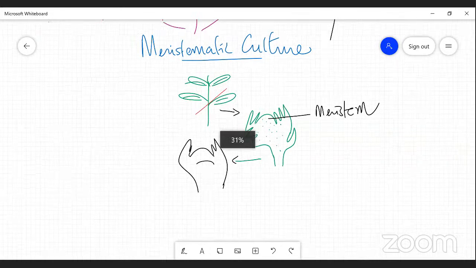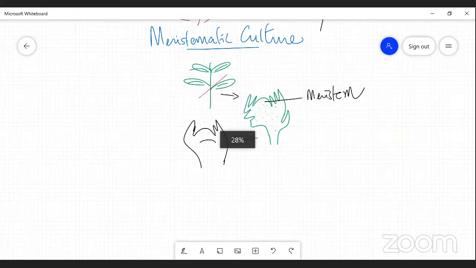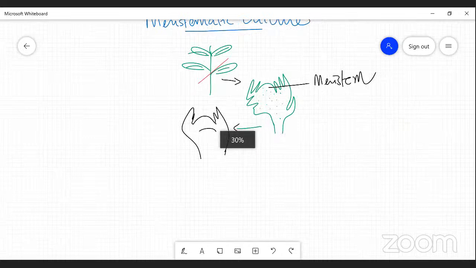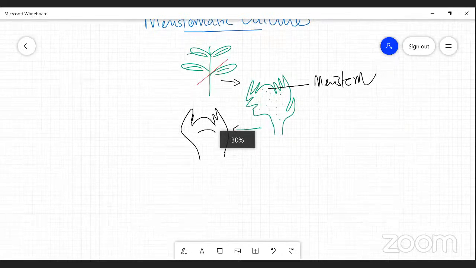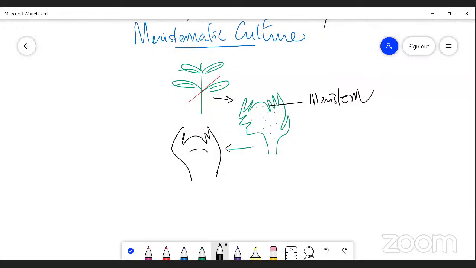The large size leaves are also originated. So totally, the leaves that grow from the meristematic region or the growing point of the stem are completely removed. After removal of these leaves, these tissues are transferred into a test tube containing the growth substances.